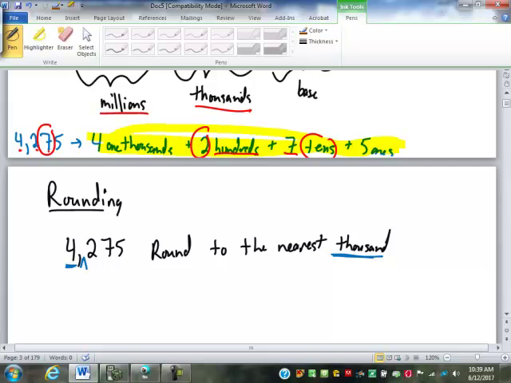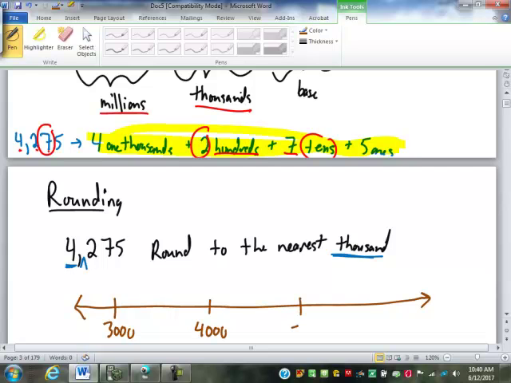Technically, rounding to the nearest 1,000 is referring to a number line. And what it's saying is if we have a number line where we only look at the thousands, pretend those are evenly spaced.